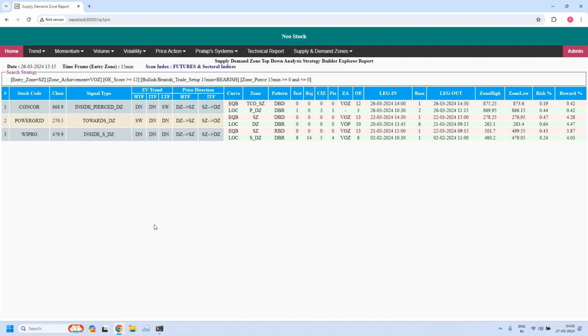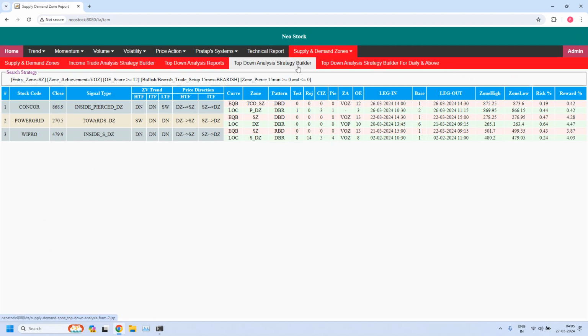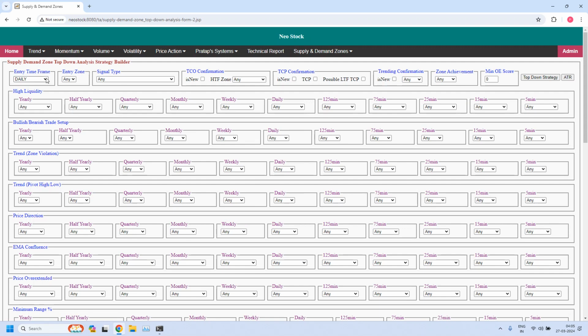Now let us generate a bullish trade setup for hourly income trade. For hourly income trade, your entry time frame is 5 minutes. Your entry zone for a bullish trade setup is the demand zone. In the bullish or bearish trade setup parameter, at the 5-minute time frame, we are selecting bullish.